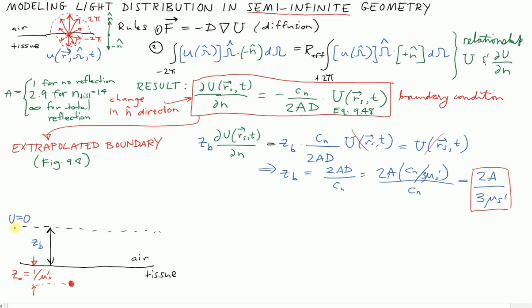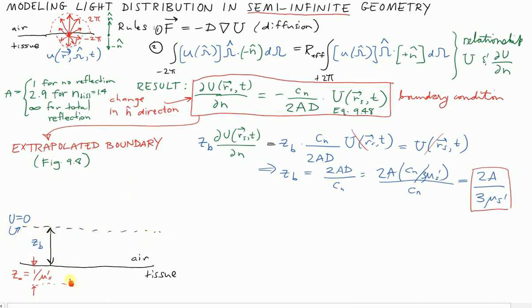So at this location, U equals 0. If we had an infinite tissue everywhere here, how could we match this condition? If we have a point source here in an infinite tissue, where else could we put a point source such that U would be 0 everywhere on this boundary?